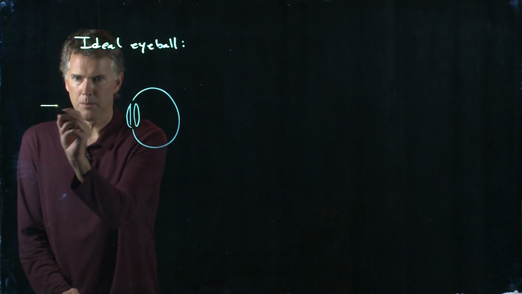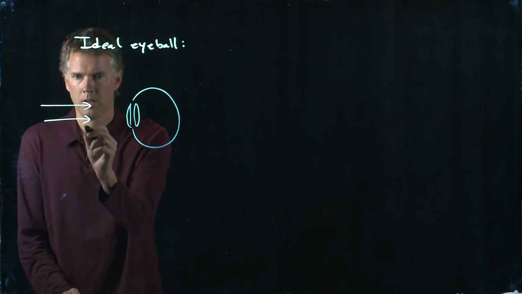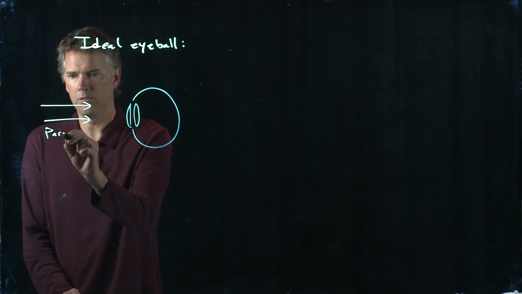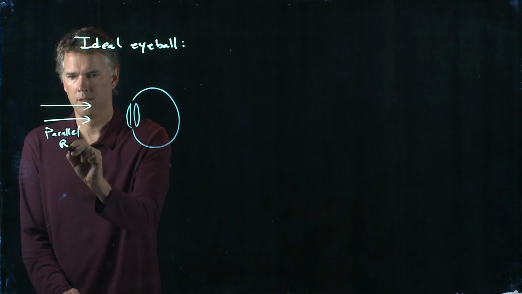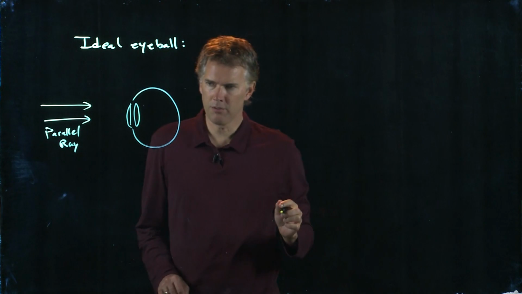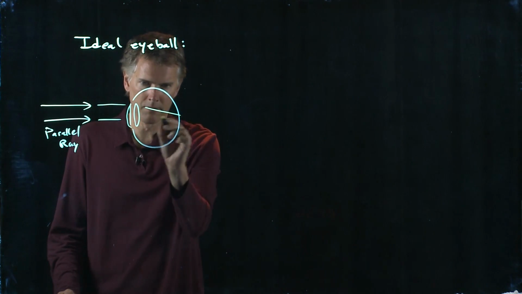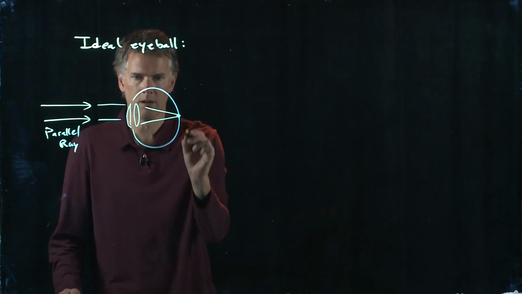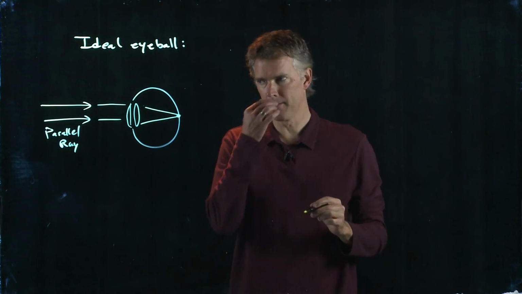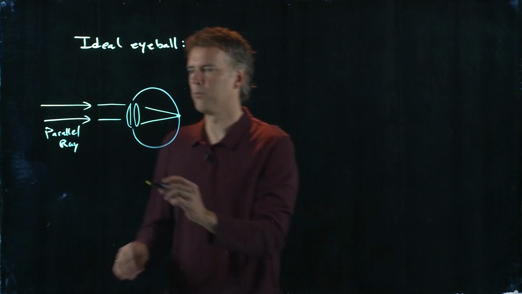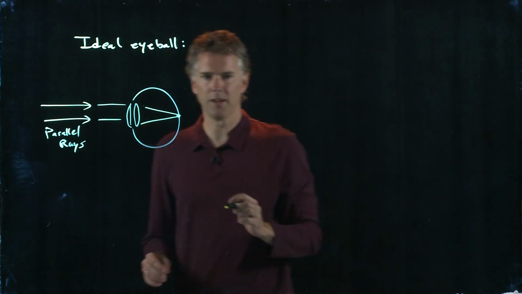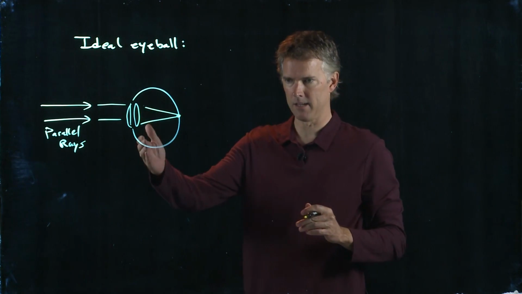The ideal eyeball takes parallel rays and focuses those parallel rays to a single point on the back of your eyeball, on the retina. Okay? This is what the ideal eyeball does, the relaxed ideal eyeball.